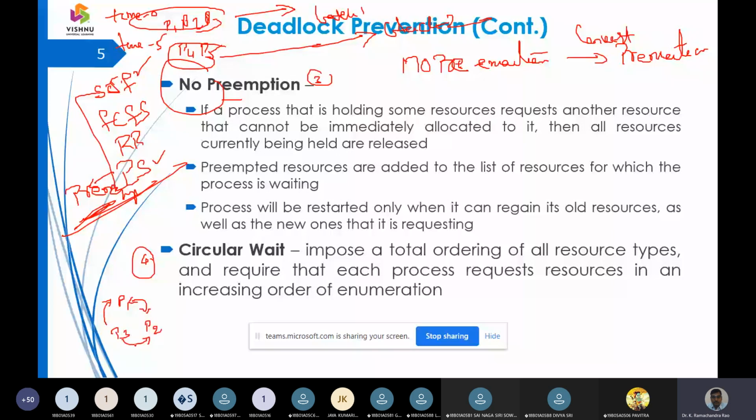In between this, P1 is holding a resource R1, P2 is holding resource R2, P3 is holding resource R3, and P4 is holding resource R4. But here I am going to have a hold and wait state, a second state of hold and wait, a third state of hold and wait, and a fourth state of hold and wait.